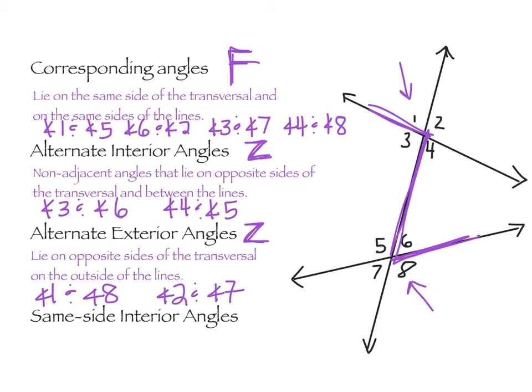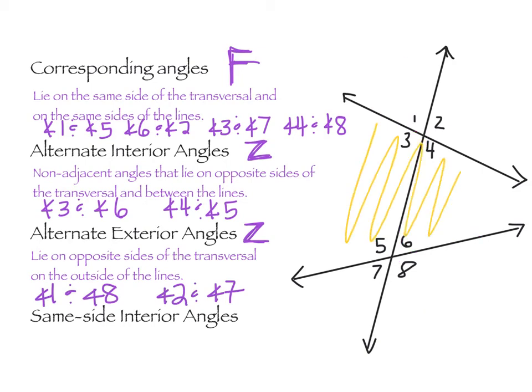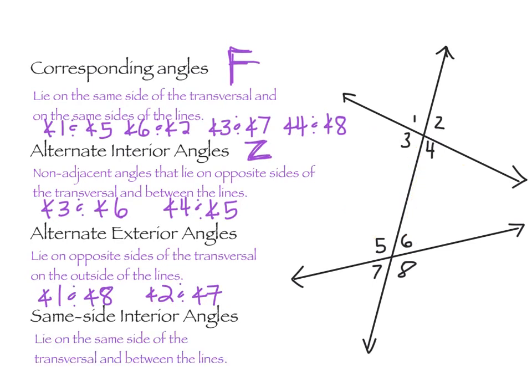Last are same side interior angles. And I bet if you thought about it, you could figure out what these are. Interior, same side. So the same side interior would be 4 and 6, or 3 and 5.